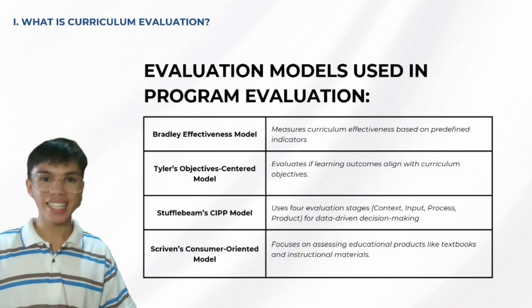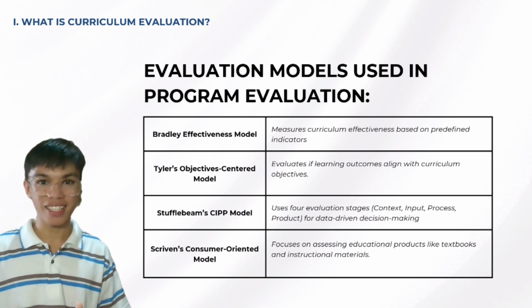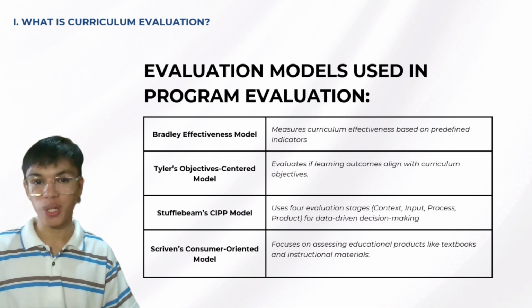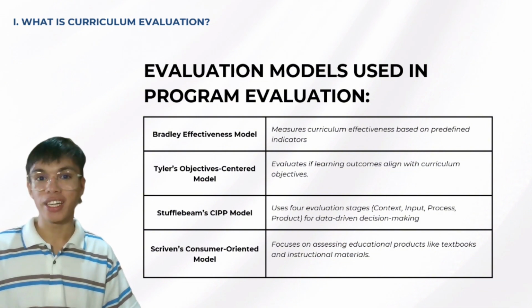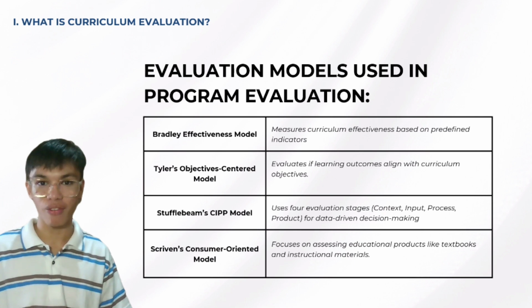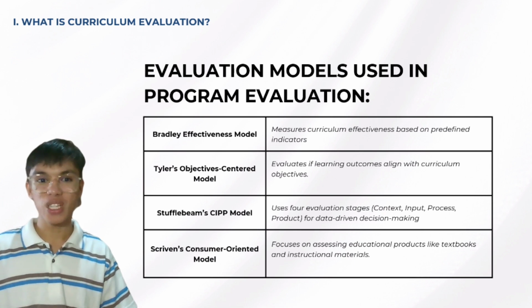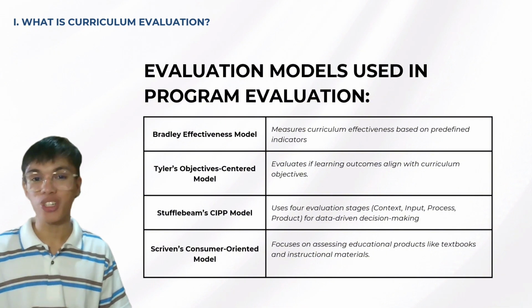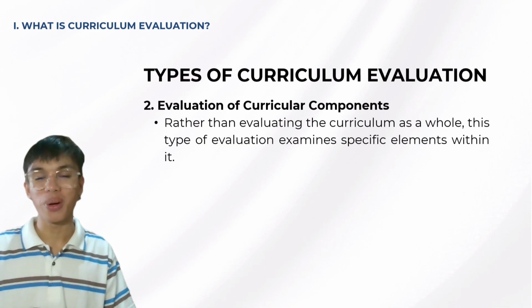Okay, so class, now that we're done discussing the first type of curriculum evaluation, which is the curriculum program evaluation, its examples and models used for this kind of evaluation, let's move to the second type, which is the evaluation of curricular components.